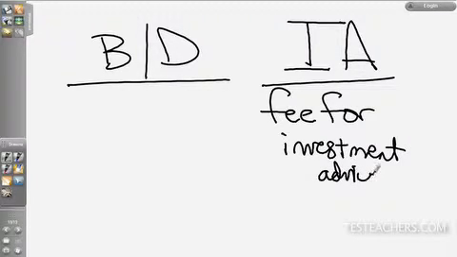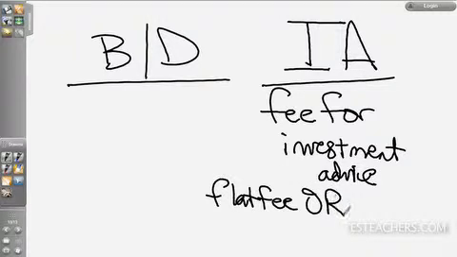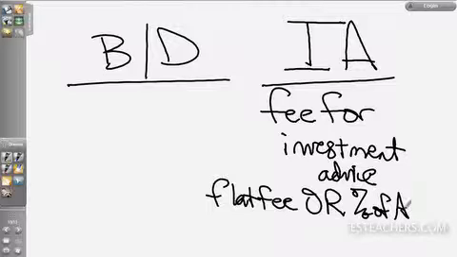What is the fee? The fee can either be a flat fee, or more commonly, it's a percentage of assets managed. So anytime you charge a percentage of assets under management as a fee, that's a fee for investment advice.